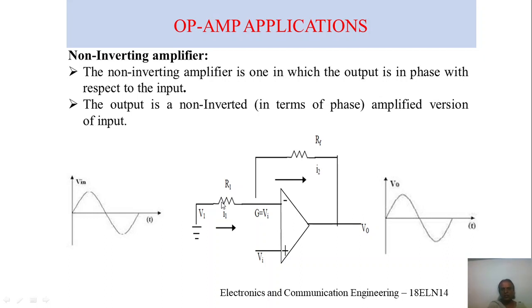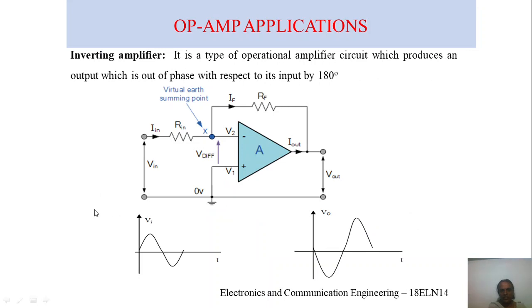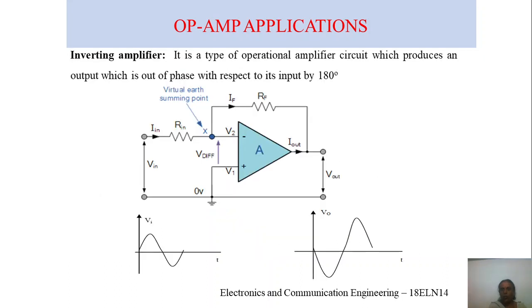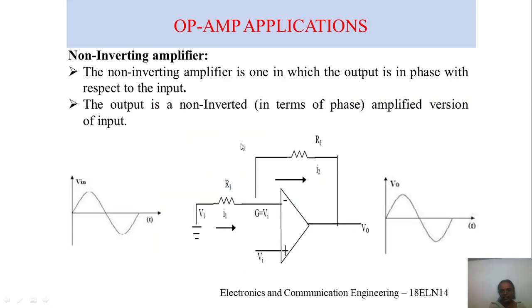So the waveforms for the inverting and non-inverting amplifiers can be compared, and the most important thing is that you have to tell how much it has been changed, that is, out of phase or in phase.